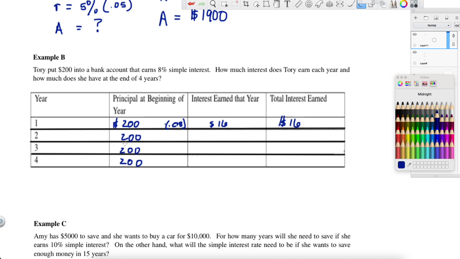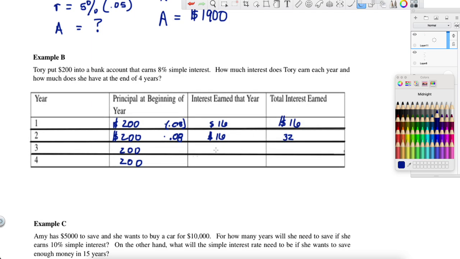The following year, we would still take the 200 and multiply that by our rate of 8%, and that would be $16 still. So total interest, we now have $32, 16 from the first year and 16 for the second year.